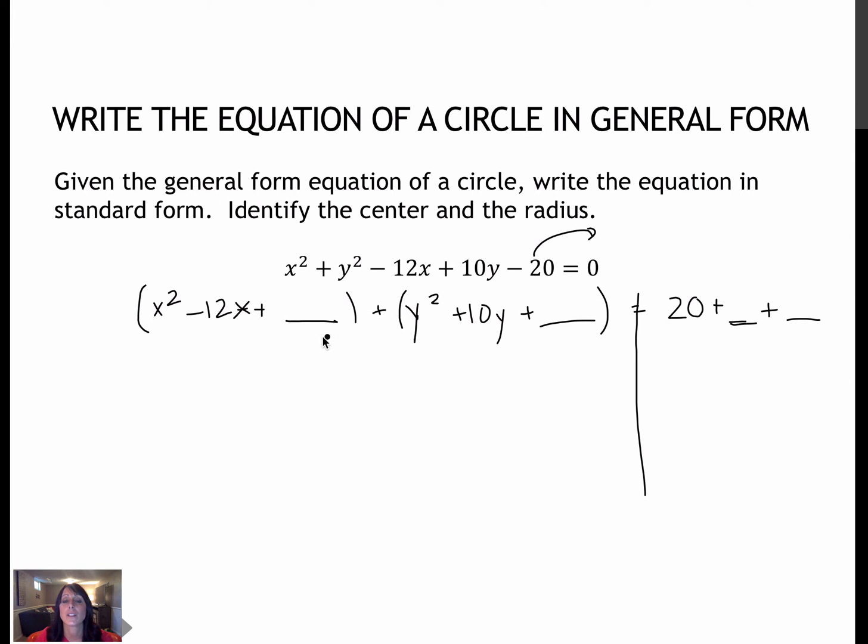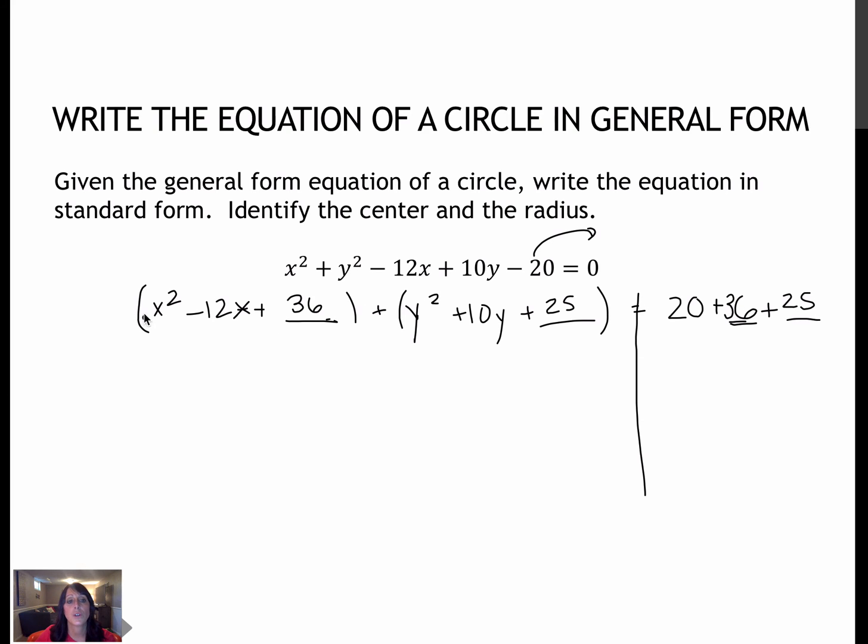Remember when we completed the square, we looked for that middle value, the b value. We took half of it and then squared it, so negative 12, half of that is negative 6. Squaring, I get 36. So I'm going to add 36 here and here. Same thing, I'm going to take 10, divide it in half, which is 5, and square it, which is 25.